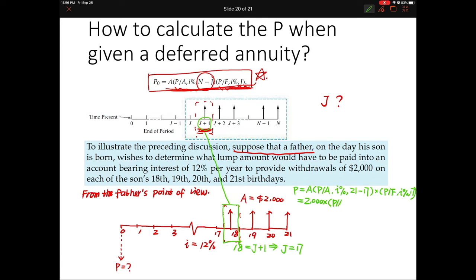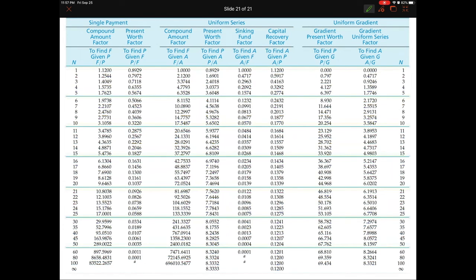And the first factor is P slash A. I is what? 12%. 21 minus 17 is what? Is 4. Another factor, P slash F. I is 12%. N is 17. Okay? Now you just need to check the table.